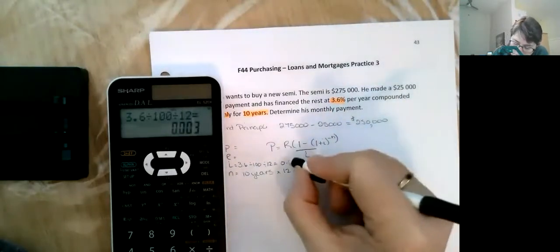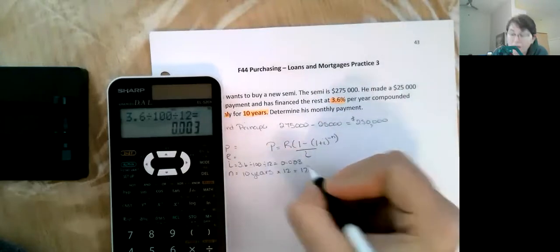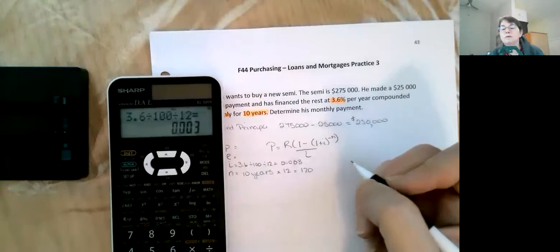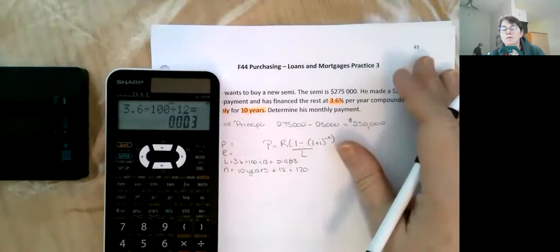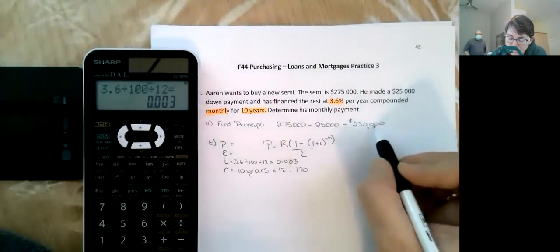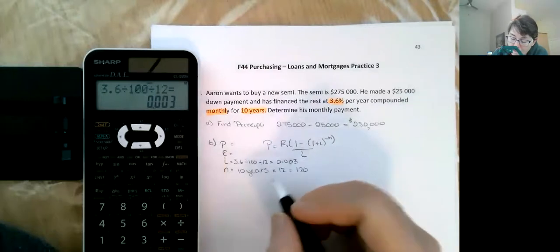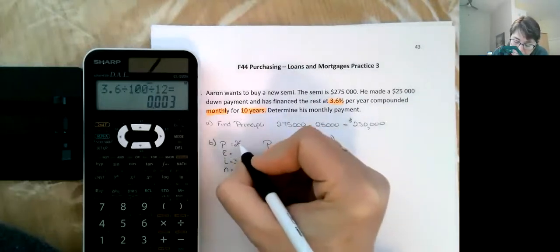Whoops, careful. Another 0 in there. Remember I said that's where I mess up. So careful with your extra zeros. And this money is the amount, it's not how much he's paying, it's not his regular payments every month, it's how much the loan is for.